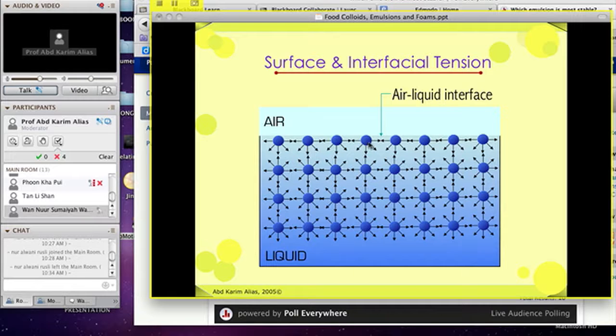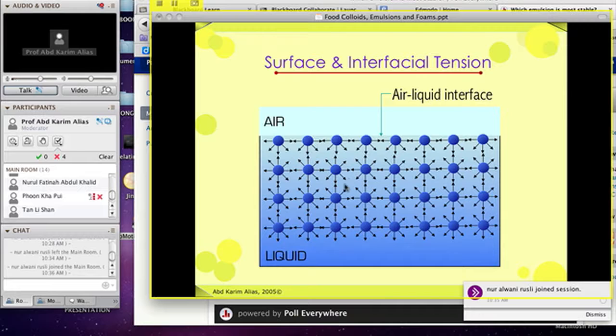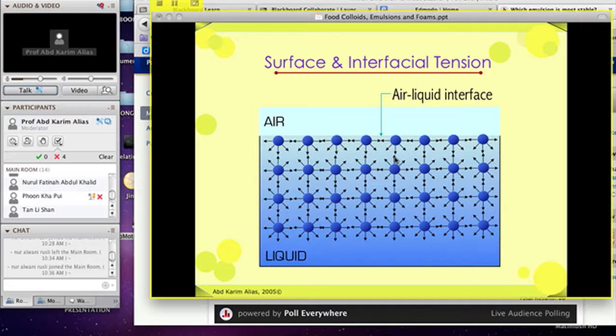But the molecule on the surface is only attracted to the molecules below it, and there are no molecules above it, which is the air. Therefore, there is a tendency for the molecules to pull down the molecules on the surface and give a spherical shape, and because of the attractive force of the molecules inside the liquid, it gives a kind of membrane or layer which we describe as surface tension.